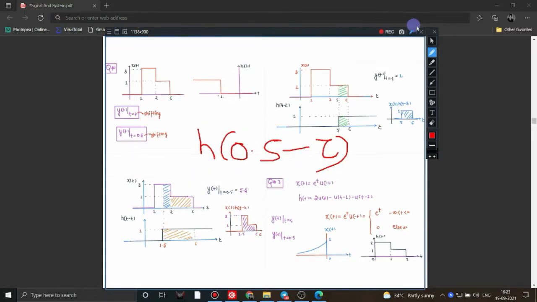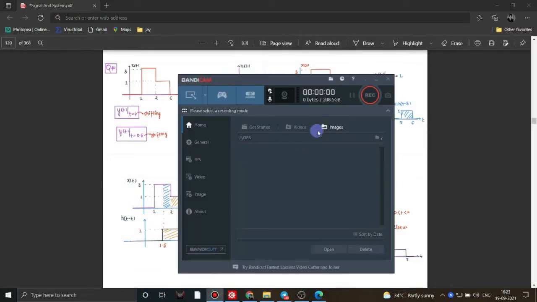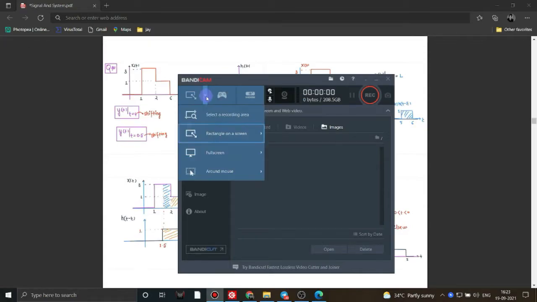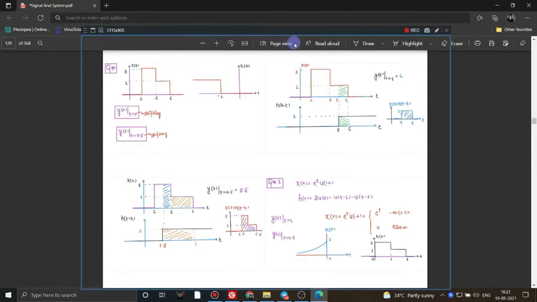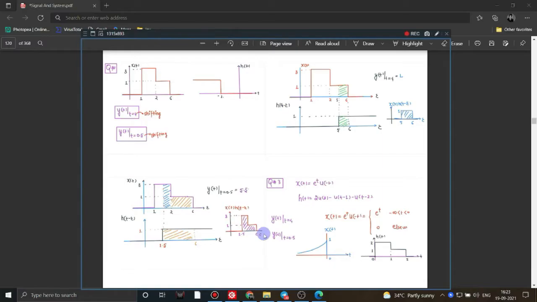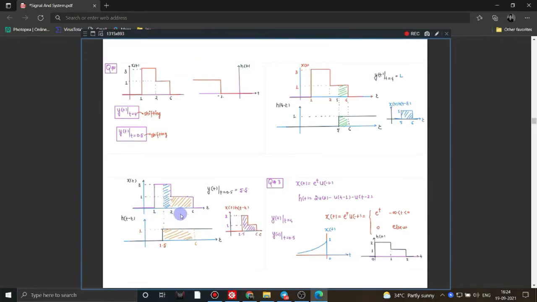First we make the graph of h tau, and then we fold the graph, and then we shift the graph to the right towards 0.5. And when you multiply both graphs x tau and h0.5 minus tau, this is the resultant.